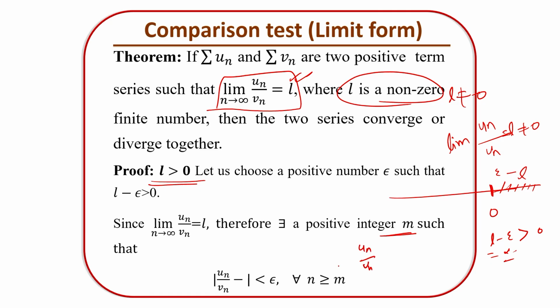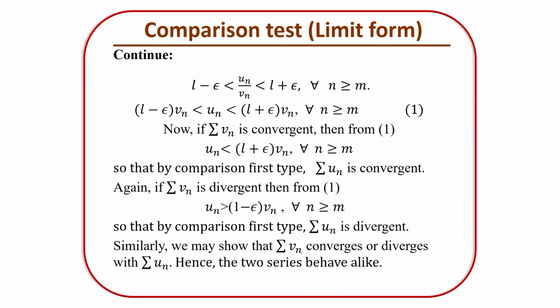The limit of un by vn equal to L implies that for a given epsilon greater than 0, there exists m such that the modulus of un by vn minus L is less than epsilon for every n greater than or equal to m.